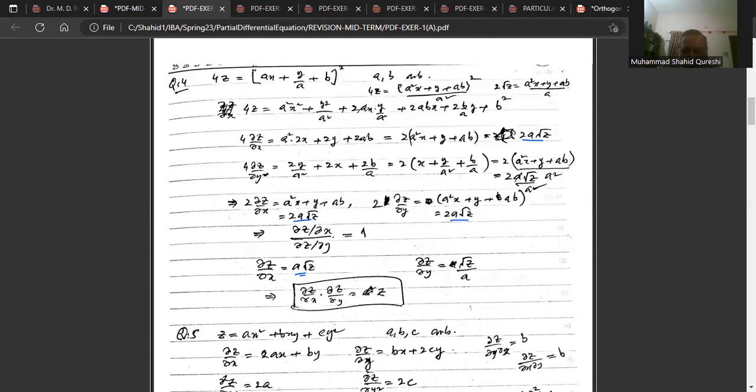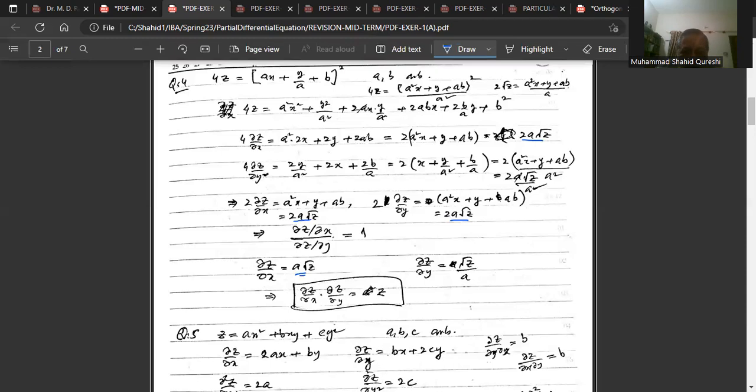Now, in product form, when you look at ∂z/∂y, this whole thing is under the root of z divided by 2, and keep 2 as it is here.